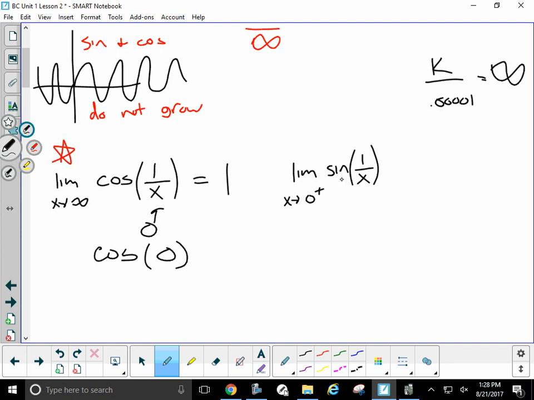What is the sine of infinity? Do we say that's infinity? No, we talked about it earlier. This does not exist, because sine oscillates as I plug in bigger and bigger values. It goes up and down.